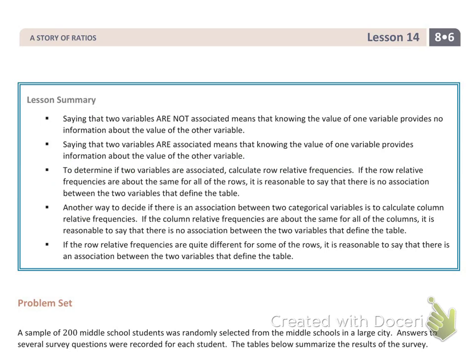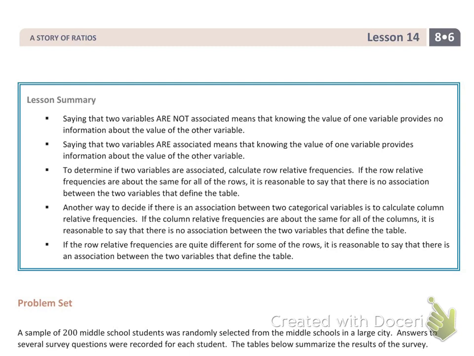All right. So I'm going to let you read the lesson summary, and it talks about how to use math to show association between two of these categorical variables. And of course it has to do with looking at the column relative frequencies and the row relative frequencies.